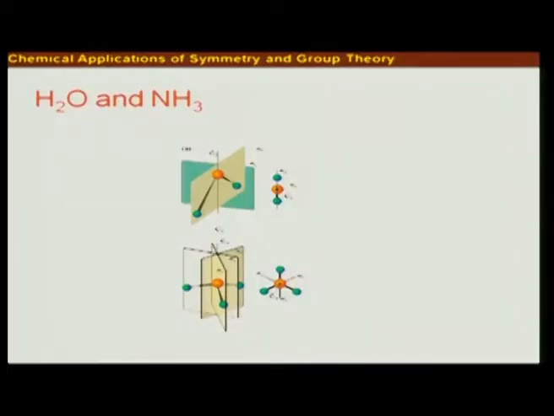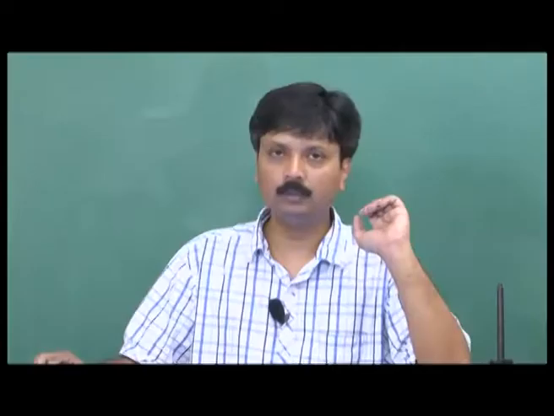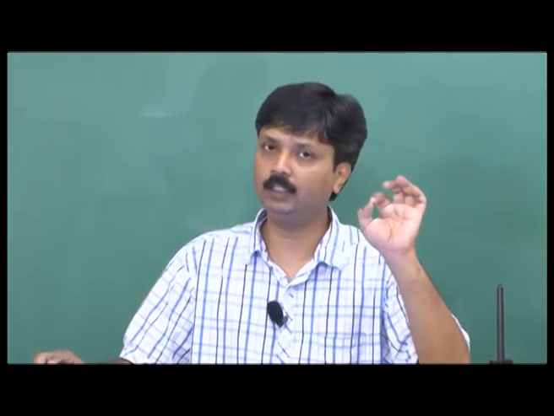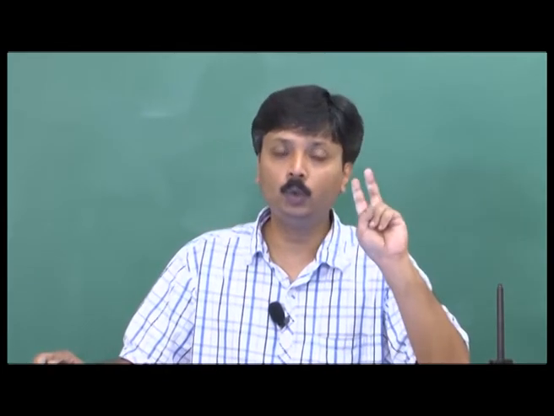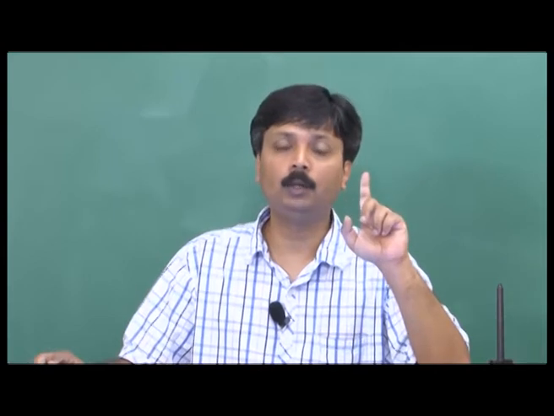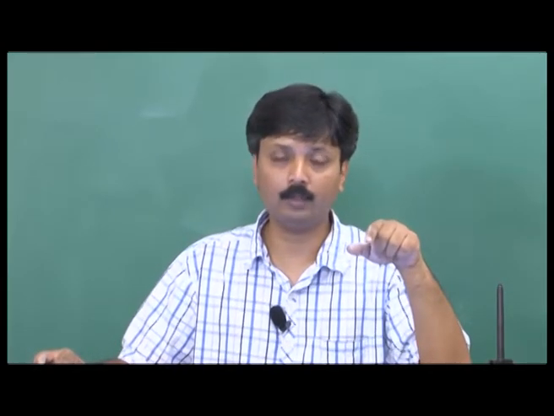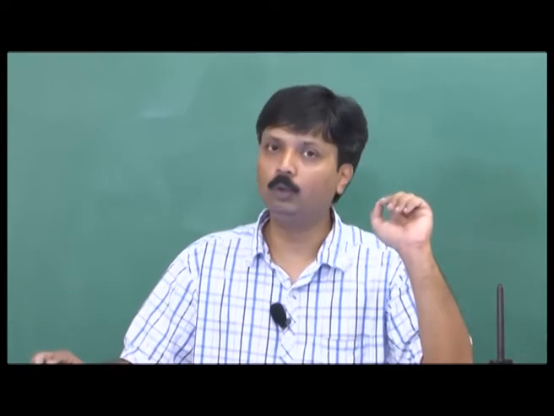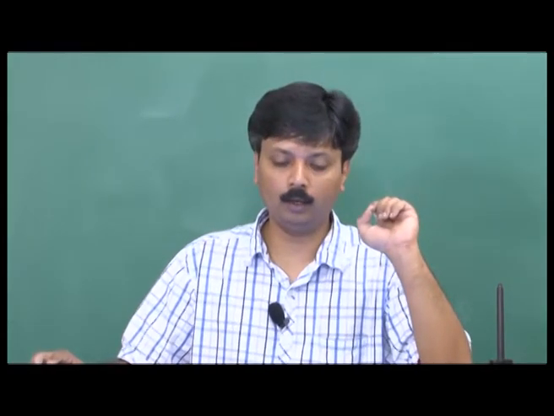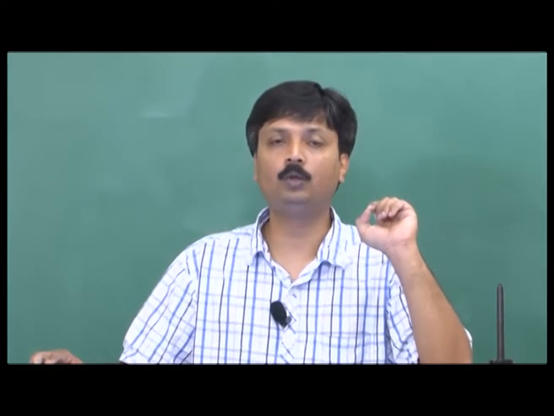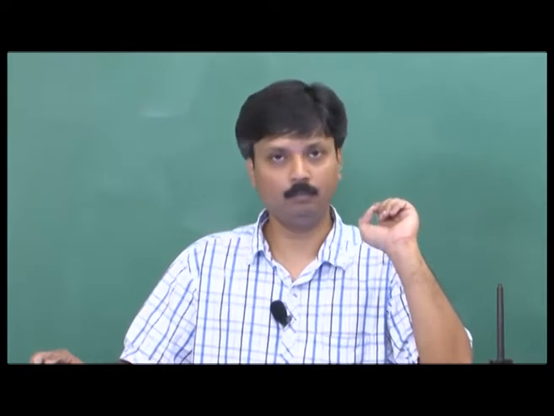Now the next question that I ask is: are there n number of C2s perpendicular to this principal axis? If I rephrase the question, are there 2 C2s perpendicular to the C2 that we found here? The answer is no. So according to our methodology, the molecule must belong to the C type of point group.